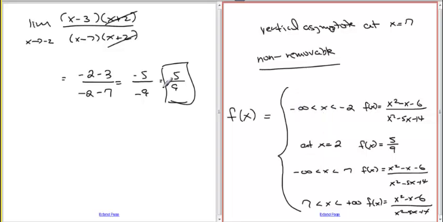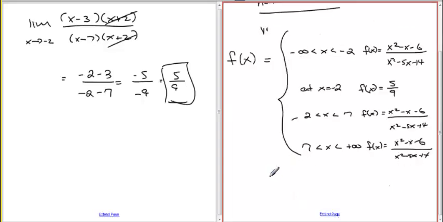So from negative infinity to negative 2, it's just this original function. At x equals negative 2 is the limit of the function, which we found using the canceling technique. From negative 2, sorry, this should be negative 2. So from negative 2 to positive 7, which is where the vertical asymptote is, it's this.